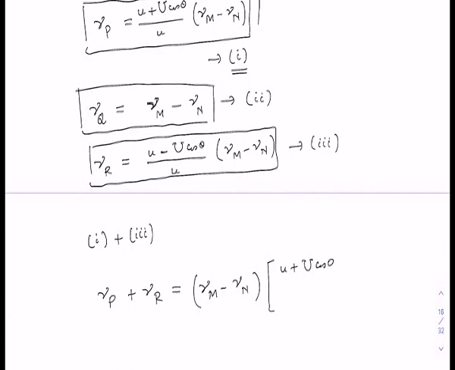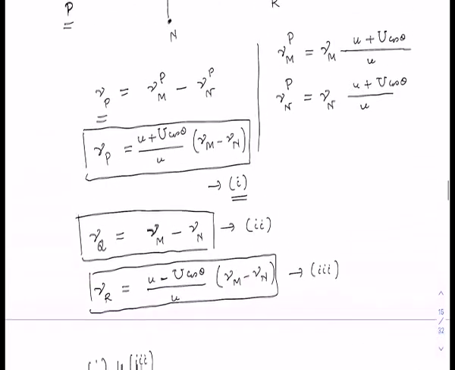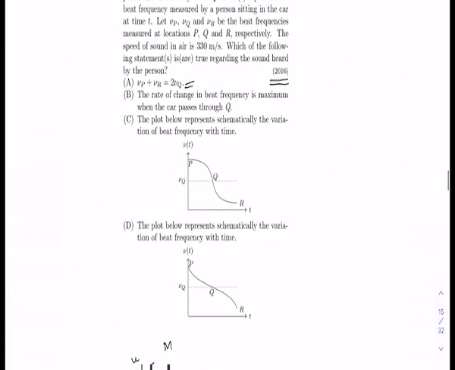It is (u plus capital U cos theta) by small u plus (u minus capital U cos theta) by small u. So this would be simply twice that of nu m minus nu n, and quite clearly this would be twice the beat frequency at Q. Therefore it is clear that option A is the correct one.